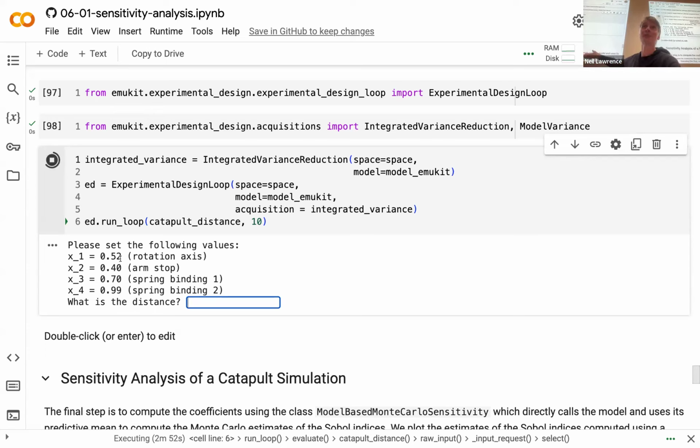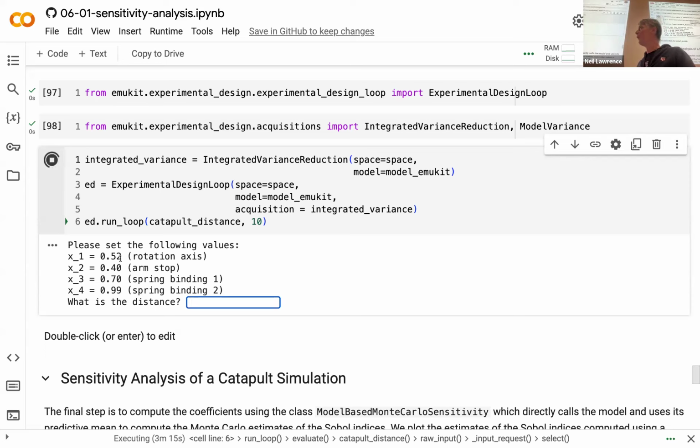It's informing it about things that aren't physically possible in this model. But notice with the integrated variance reduction, one of the spring bindings has gone all the way into one direction, presumably because the static design that was given didn't have a point in that space. But everything else is sitting broadly in the middle, because that's going to give it the largest reduction in variance.